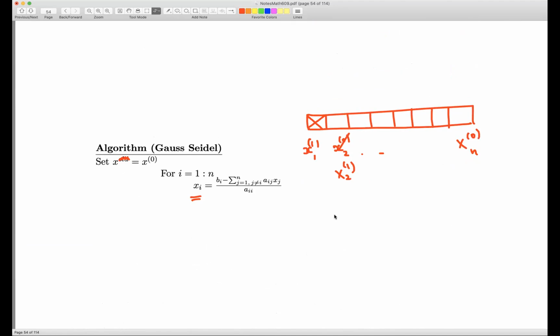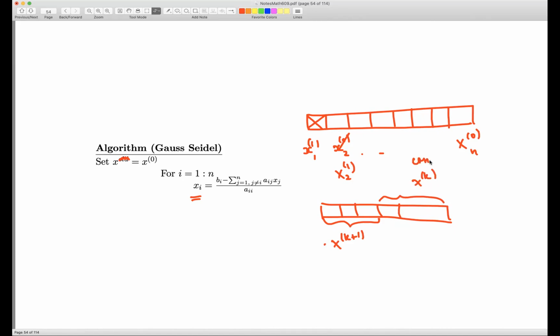So what is happening is that somewhere in the middle of this loop, you will have one vector, and part of the vector will have the components of the vector xk plus 1, let's say from 1 to the jth component, and the rest of the components will be the components of the vector xk.